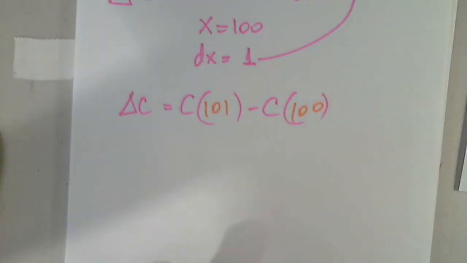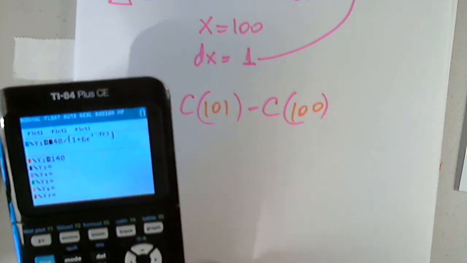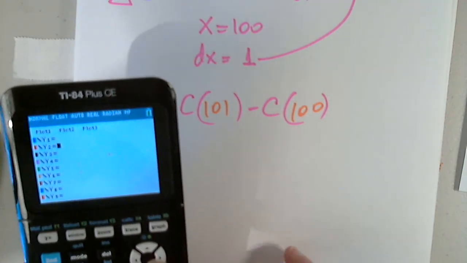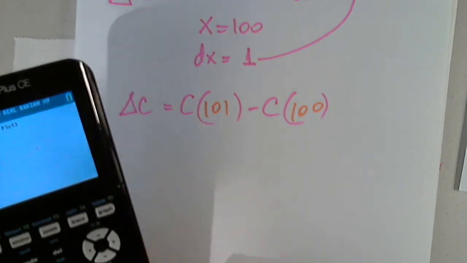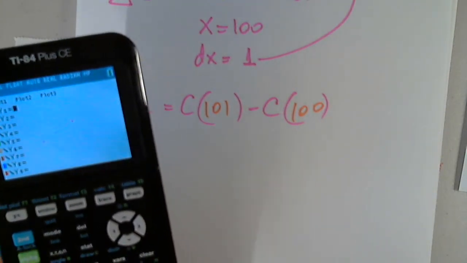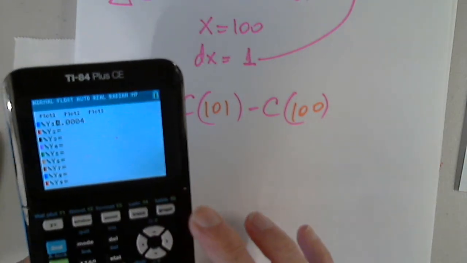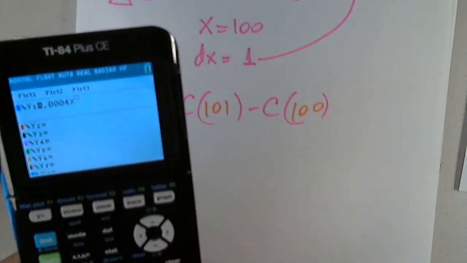Good. So now I go back to the calculator, and I'm going to put it in y equals because it's easier for me, and it doesn't matter. I should have done that from the very beginning. So x cubed, you don't have to, just calculate 101.